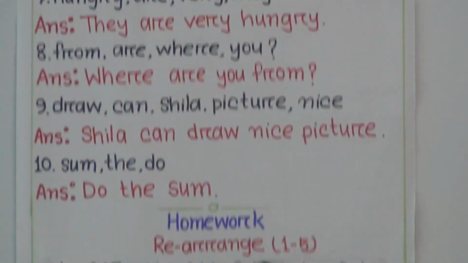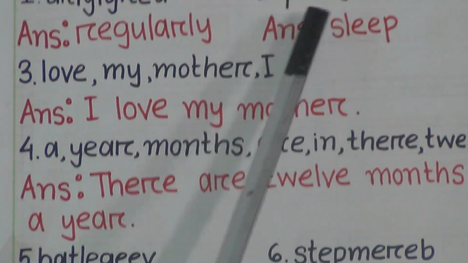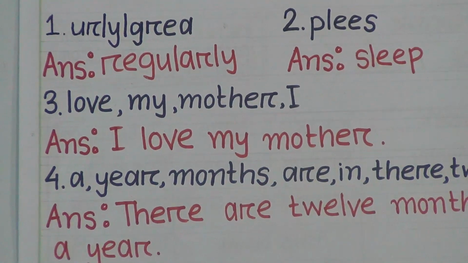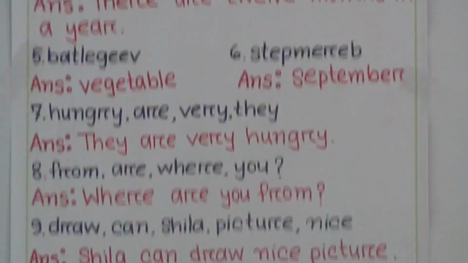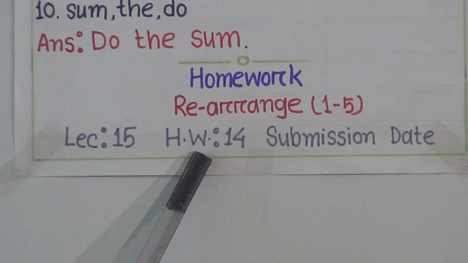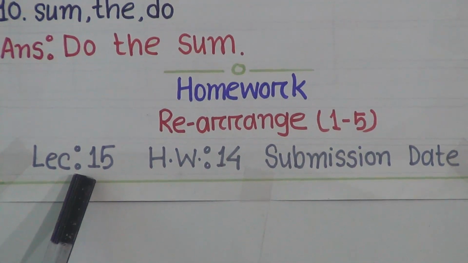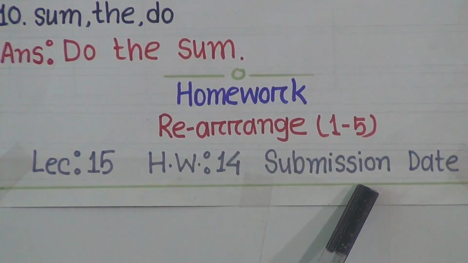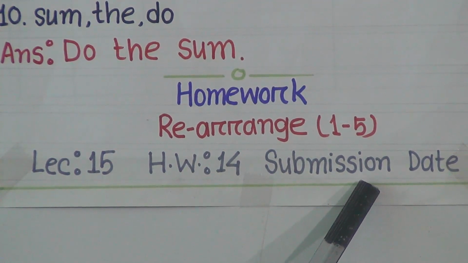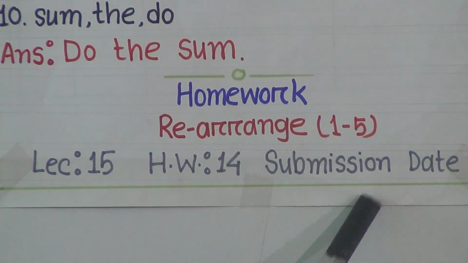From 1 to 5, you will write only the answers. No need to write the jumbled letters or sentences. Only the answer. And don't forget to write the lecture number and homework number with the submission date. Our lecture number is 15 and homework number is 14. And the submission date will be Sunday, because on every Sunday you have to submit your SW copies.